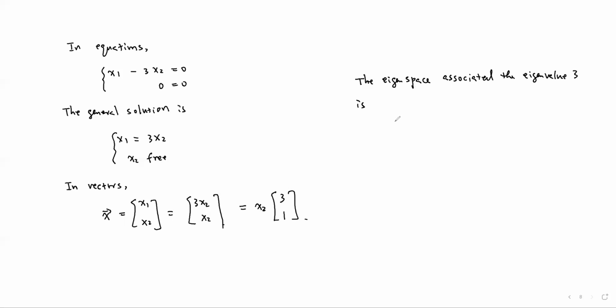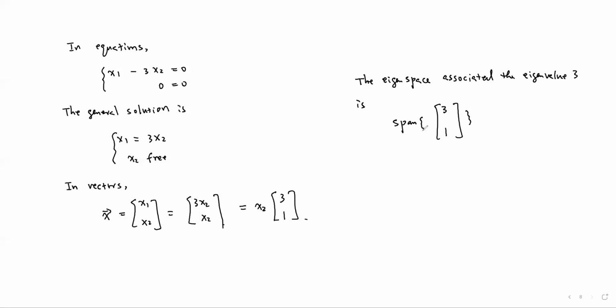So the eigenspace actually is the set spanned by this vector. Span means the set of all possible linear combinations. So the eigenspace is the set spanned by this vector.